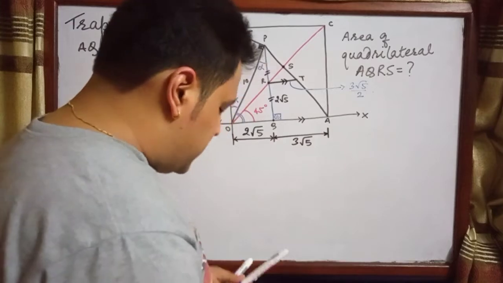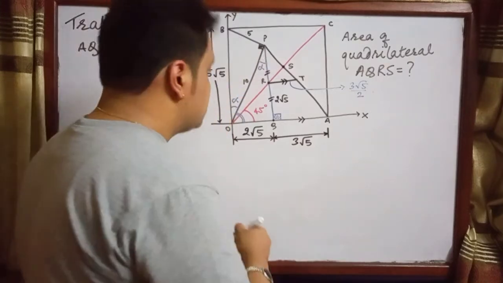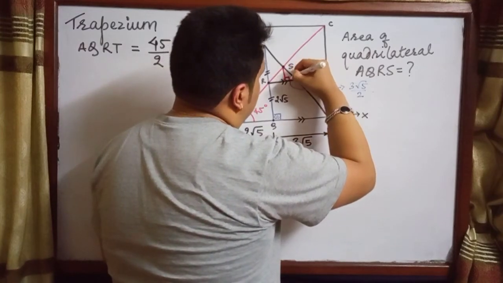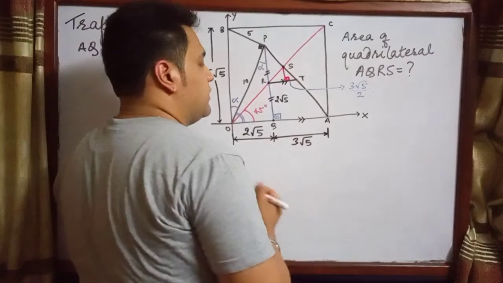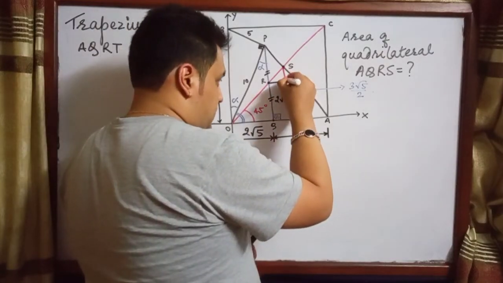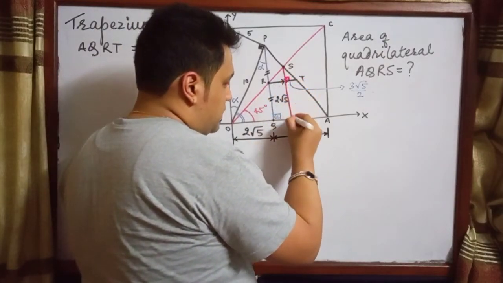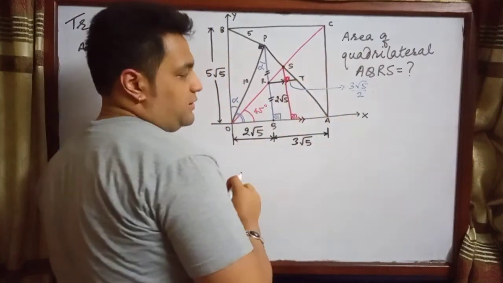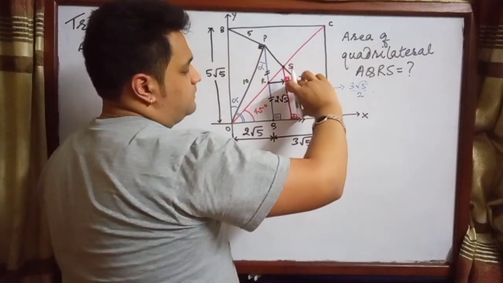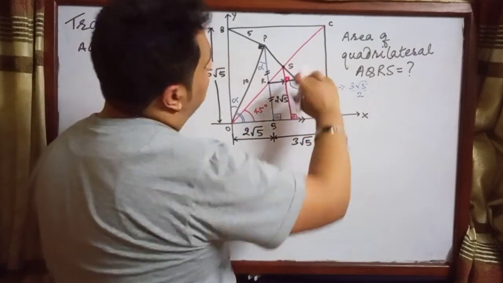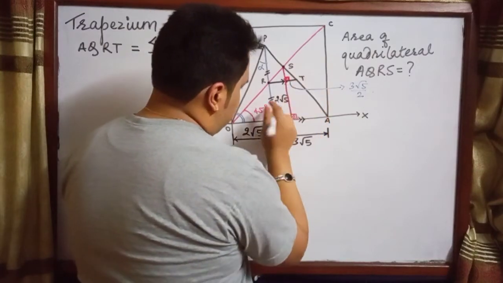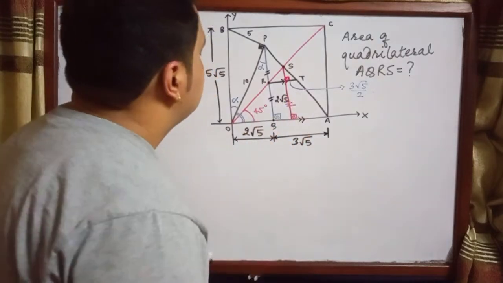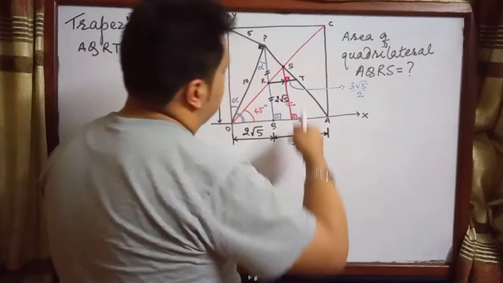So what we would need is its corresponding height. We need this length, and this length can be obtained as a difference of this entire length and this length. This length is nothing but 2 root 5. So all we need is this length.